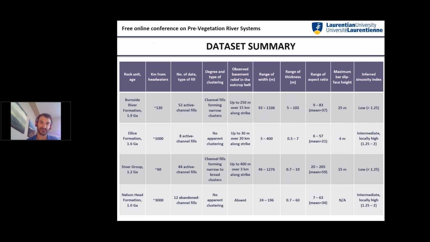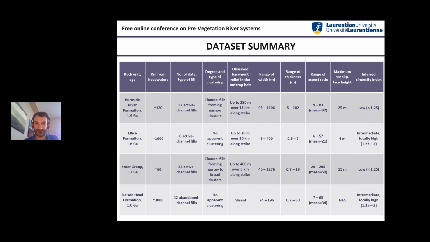Here's a slide that briefly summarizes the entire data set. We have something that spans from 60 kilometers to up to 3,000 kilometers from the original headwaters in the current paleogeographic reconstructions. We have different styles of clustering, although it seems that proximal channels are much more prone to show clustering.